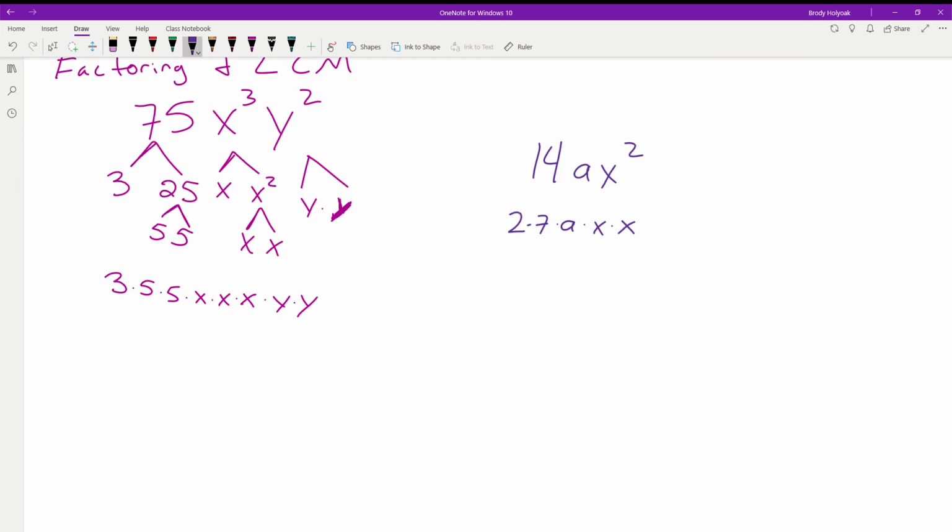And that's it for factoring it. But again, like I said, this is the part where we want these values to be factored out. This is the more correct way. This is the reduced form.